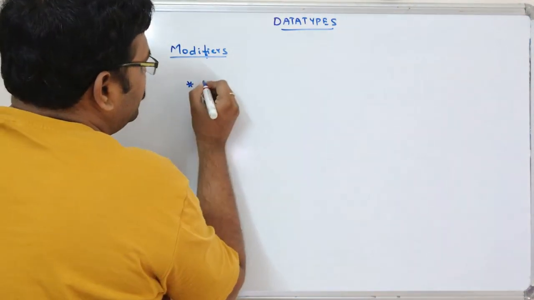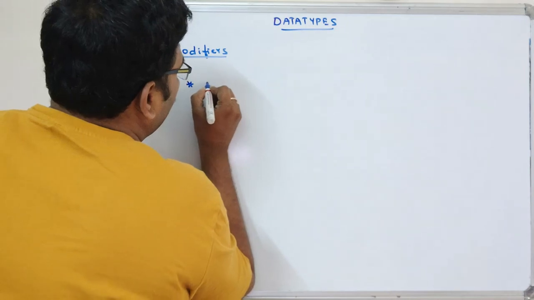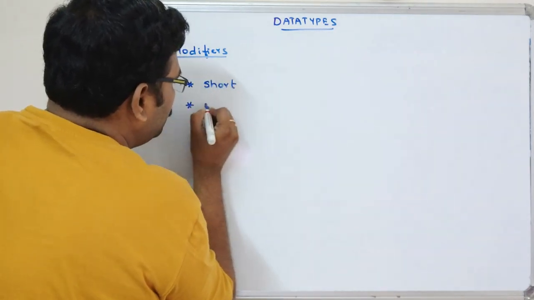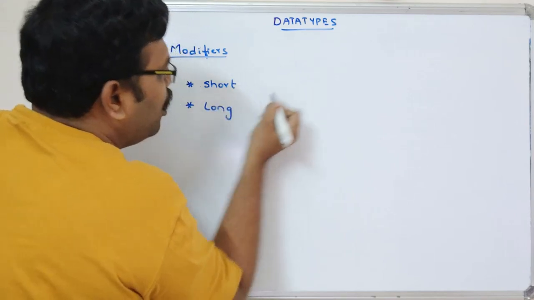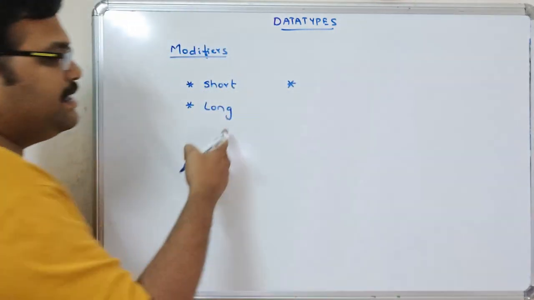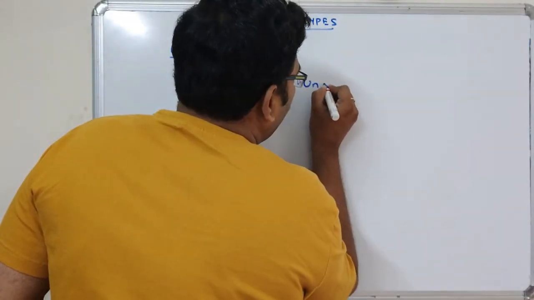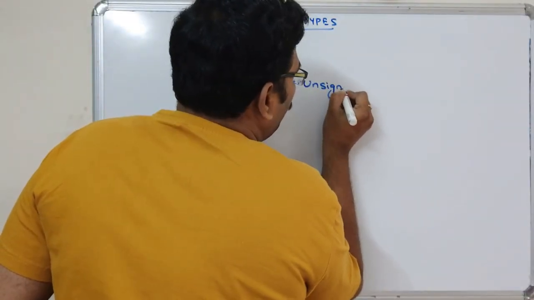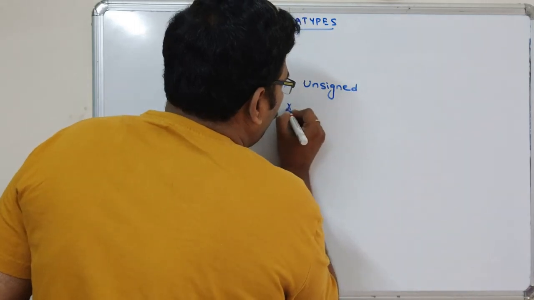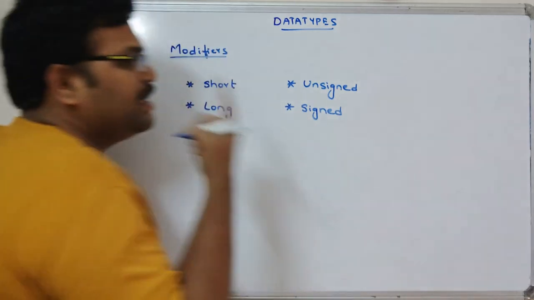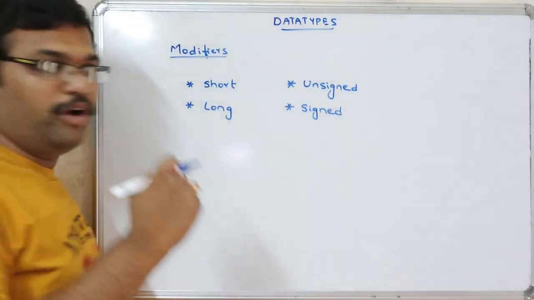One is short, another is long, and these are the range modifiers. These are the sign modifiers.